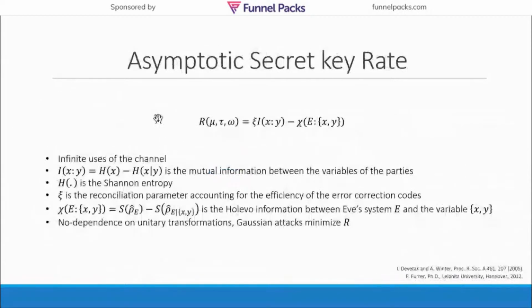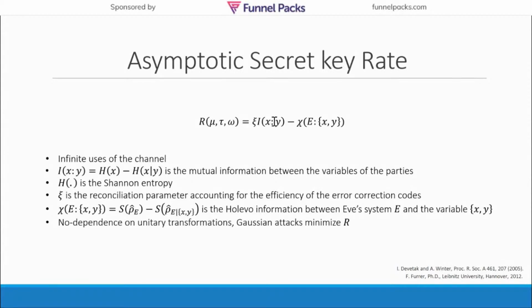So in the end, we can calculate basically two functions. One is the mutual information between the two variables, and the other is the Holevo bound between one of the variables and the eavesdropper. So the mutual information quantifies how much information, how much correlation there is between the parties.